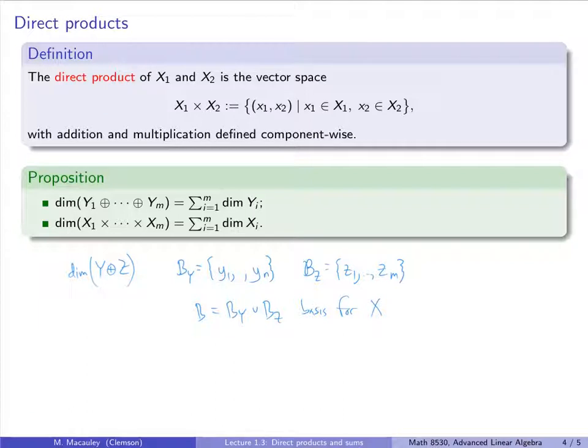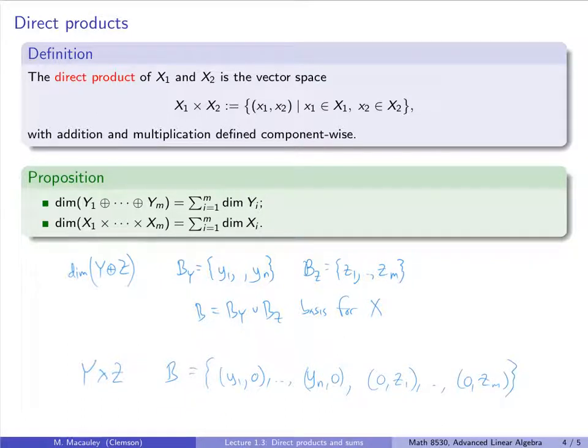Now for the direct product, you have to be a little bit careful and claim that even though y and z are subspaces of the same space, you can still take their direct product. That still works. And here I claim that a basis of the direct product is going to be the following: y1 comma 0 all the way up to yn comma 0, and then 0 comma z1 up to 0 comma zm.